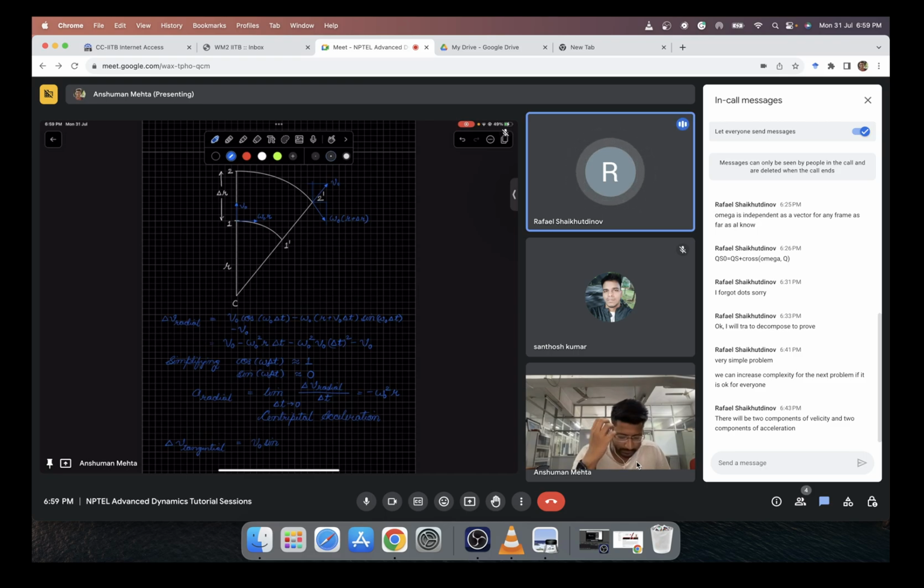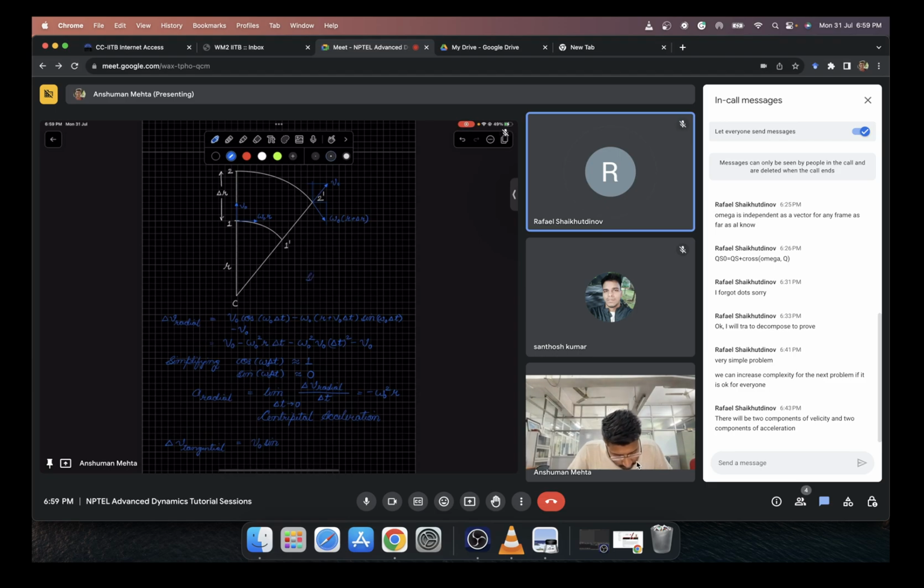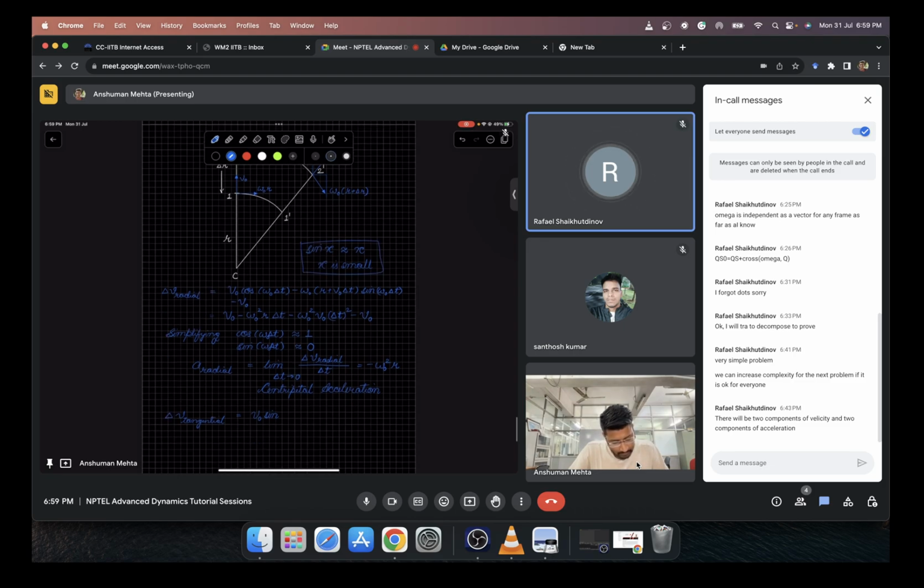Delta t, yes. Sin x is equal to x when x is small, right? Because delta t is tending to 0.